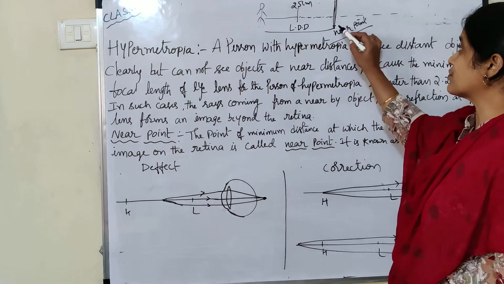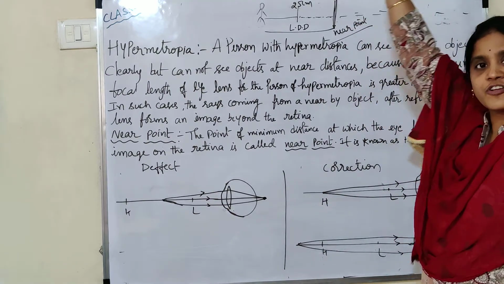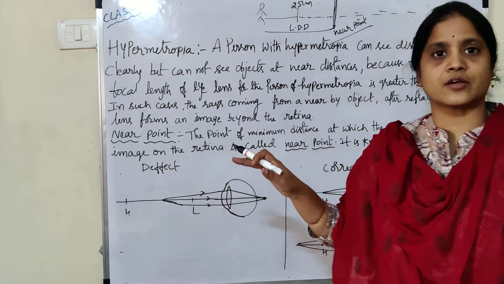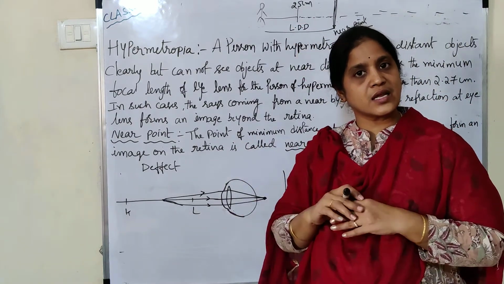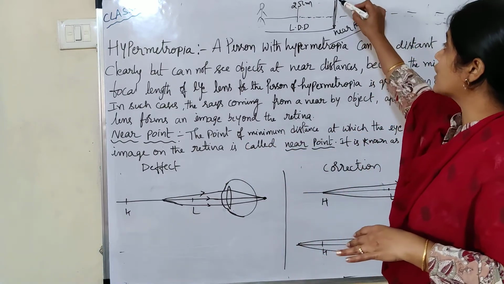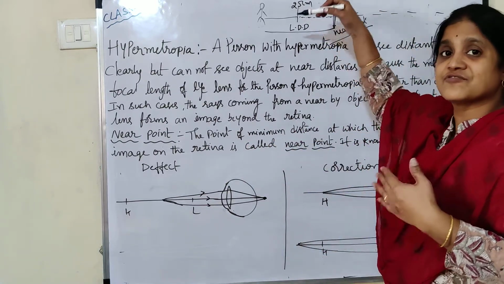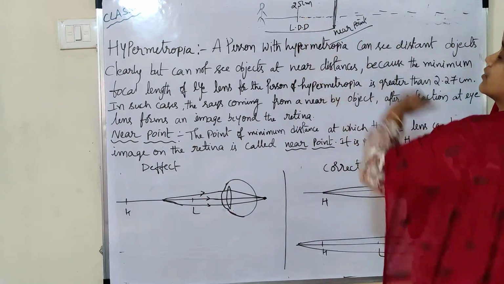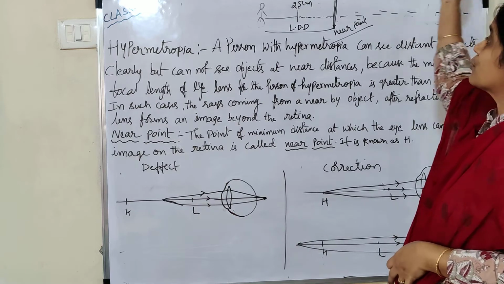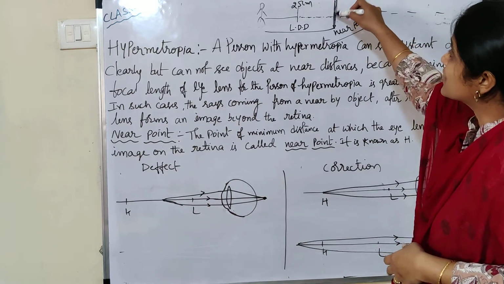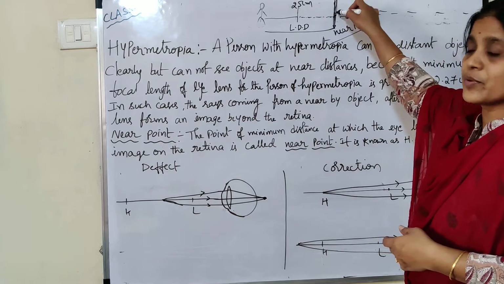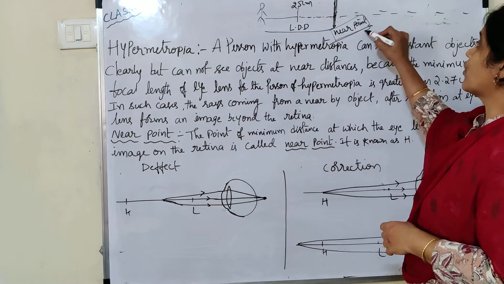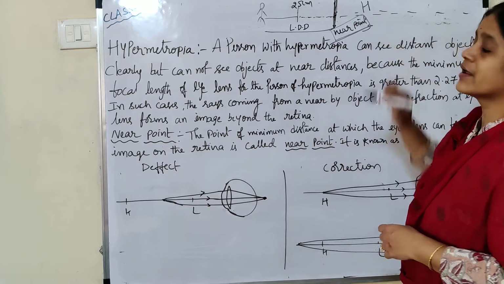From there he can see an object up to infinity, but before the near point the person cannot see any object. So the point from infinity up to where the person can see is the near point, and this near point is represented with the letter H.